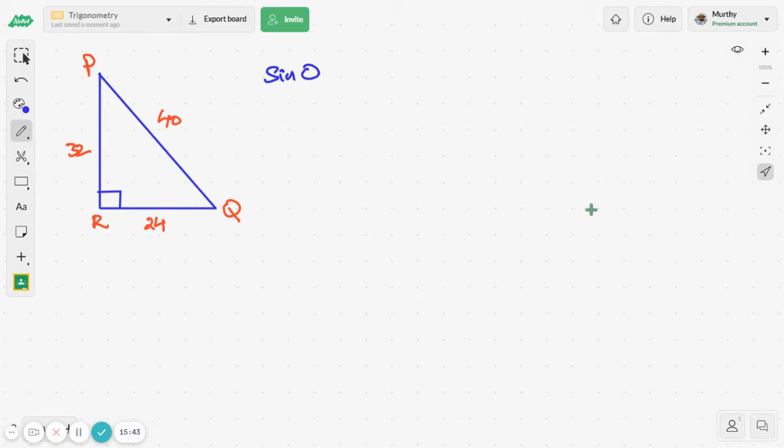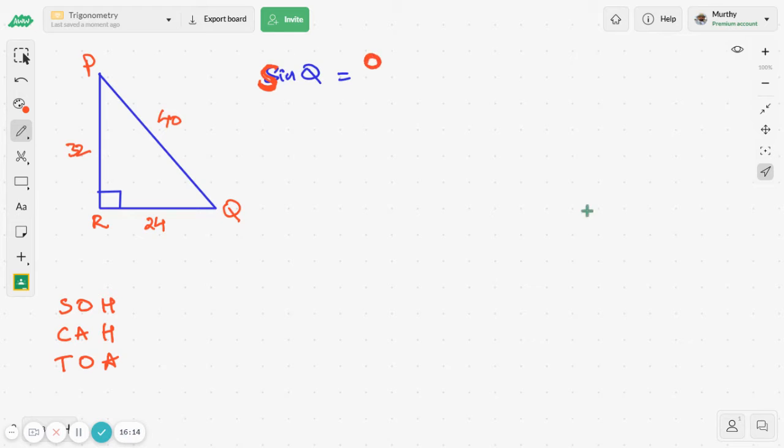What is sine Q? If you forgot the condition, take the first letter. It is S. So immediately think of SOHCAHTOA. So it is S-O-H. Therefore, SOH.